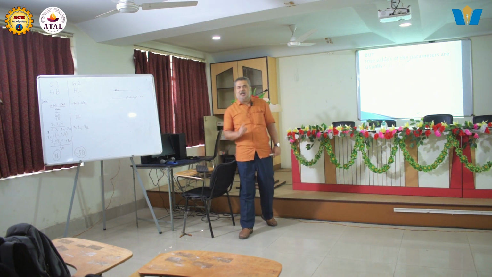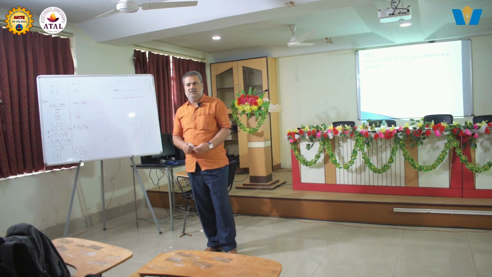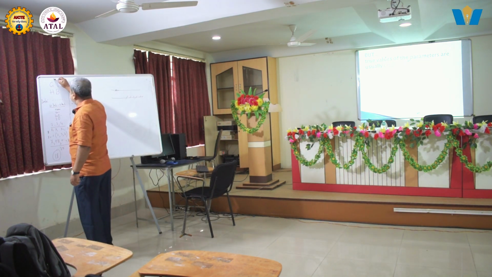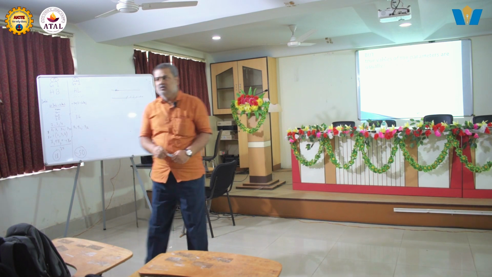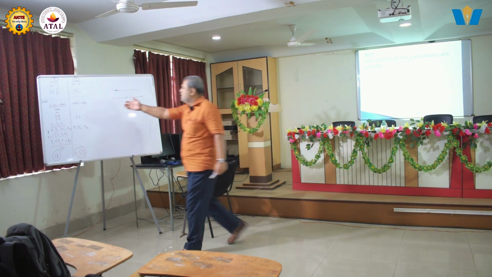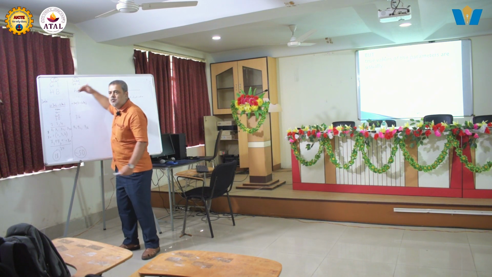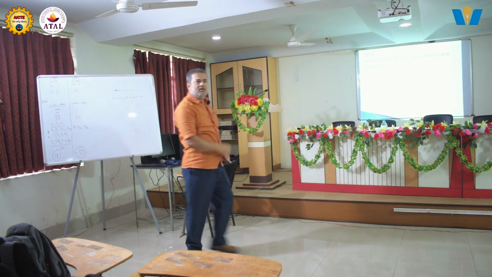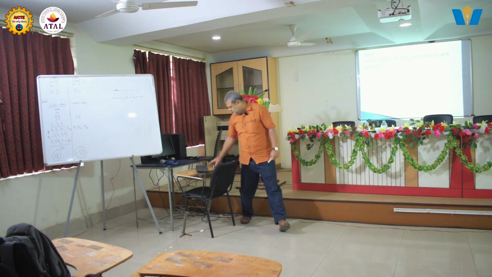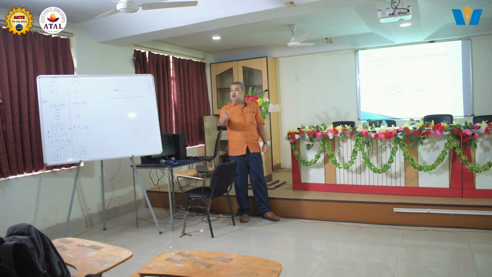But the problem is they are unknown. Suppose they are mu1 and mu2. We are not aware of the full heartbeat group and the full heartless group, so their means mu1 and mu2 are not known to us. So from the population we draw a part, which is called a sample.